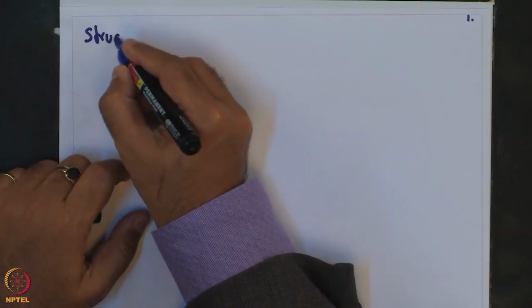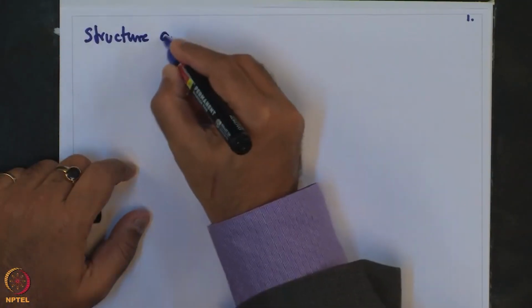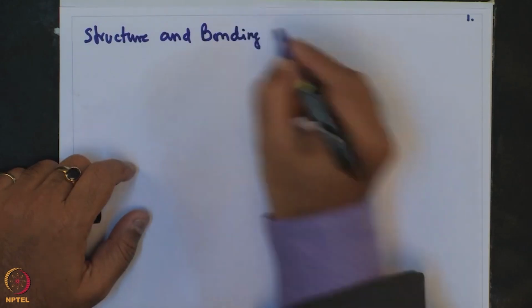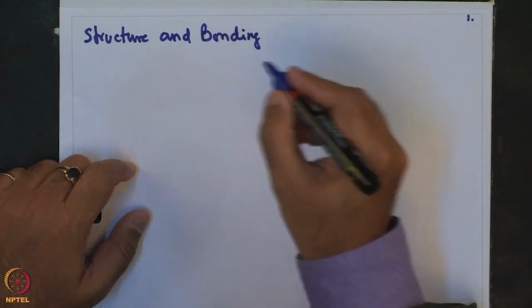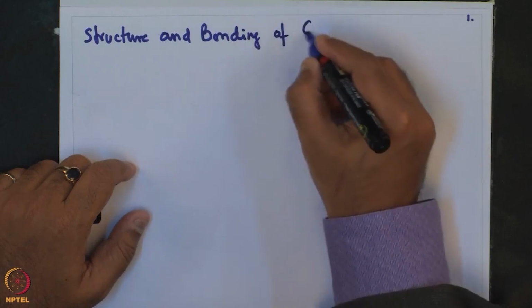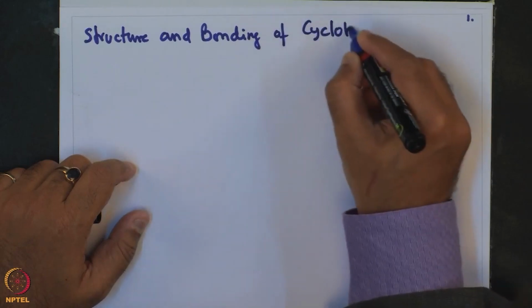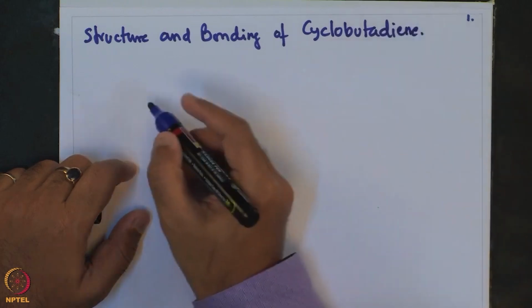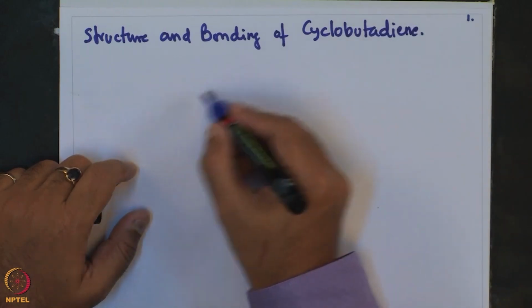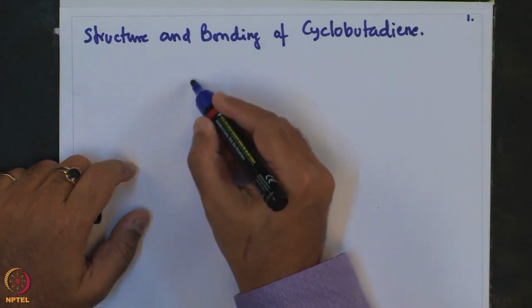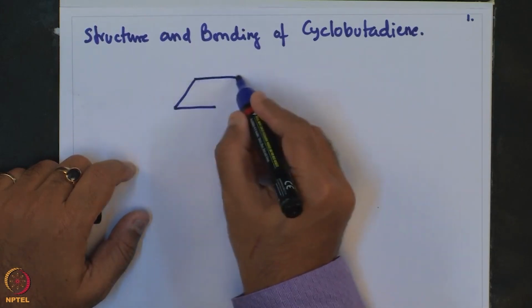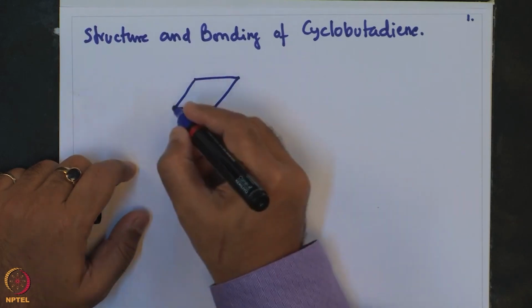So, structure of bonding of cyclobutadiene. The ligand would have, as discussed earlier, 4 p orbitals.